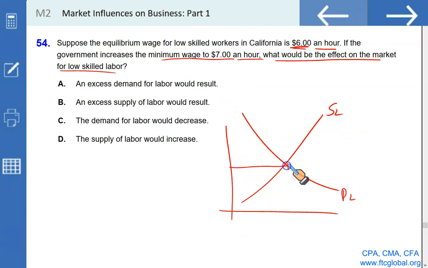And let's say this is the equilibrium quantity of labor and this is the current wage rate, $6. If the minimum wage rate is set at $7, you can see the supply of labor is more than the demand for labor, so there will be excess supply of labor, so that should make B the correct option. Excess supply of labor would result.